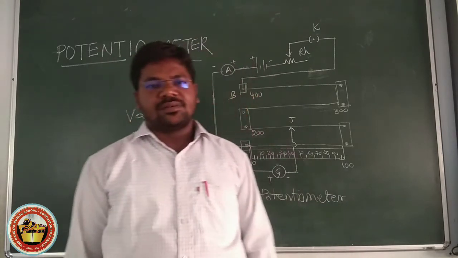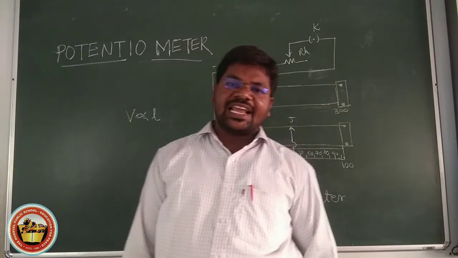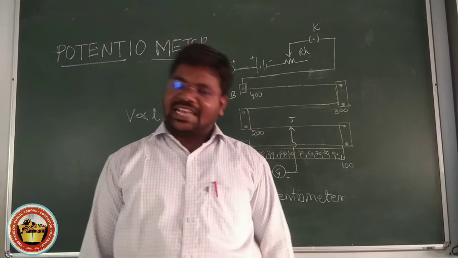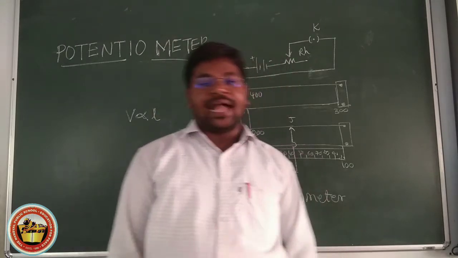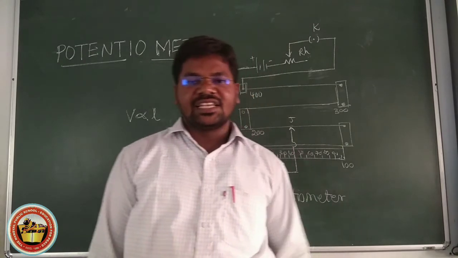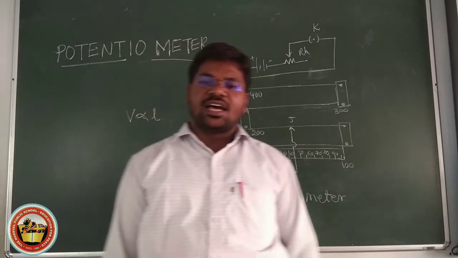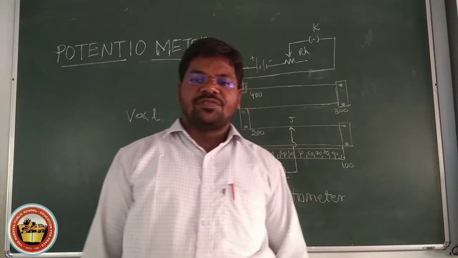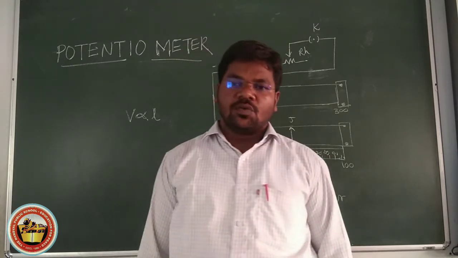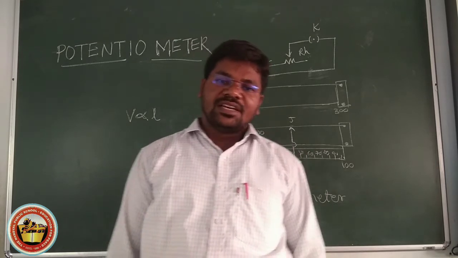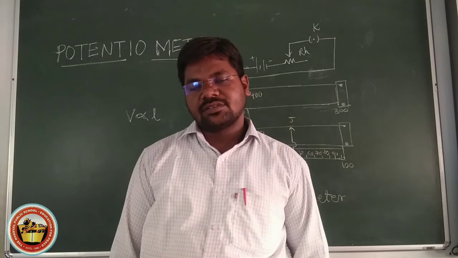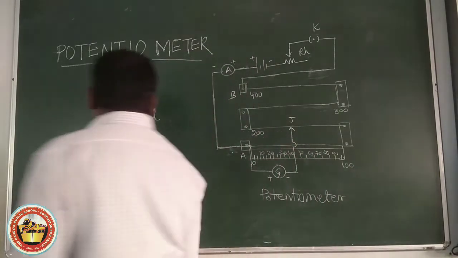A meter scale is arranged, fixed parallel to its length. A battery is connected across the two end terminals, which sends current through the wire, which is kept constant by using a rheostat.